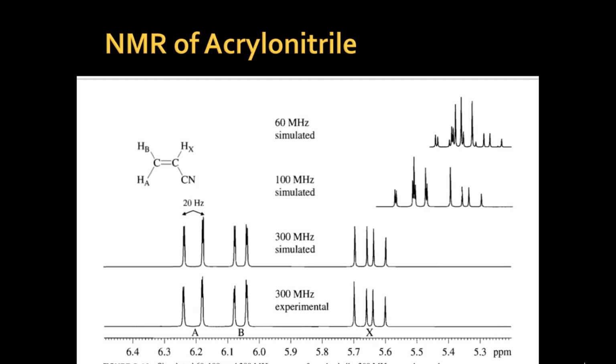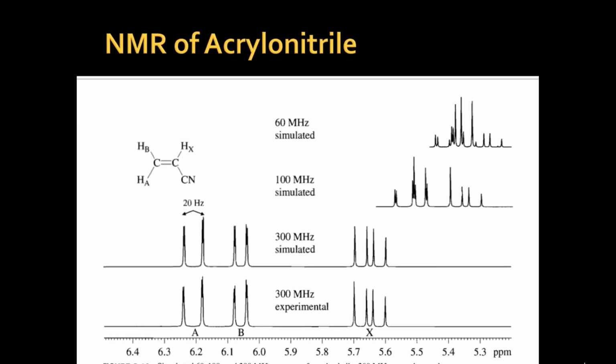So cyanide is an electron withdrawing group. Cyanide attracts the electron towards itself, meaning it reduces the density of electrons on the neighboring carbons.